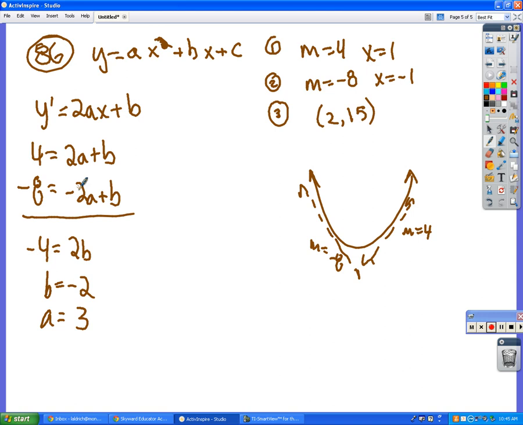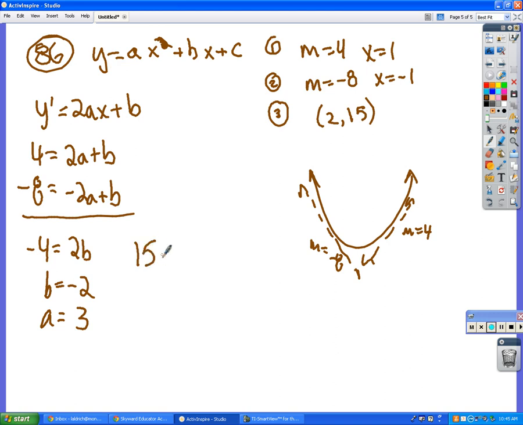Okay? So we're almost done. We just need to figure out what c equals, and that's where this last thing comes in. So now we know that b is negative 2, that a is 3, that x is 2 in this equation, and that y is 15. So the only thing left is c.